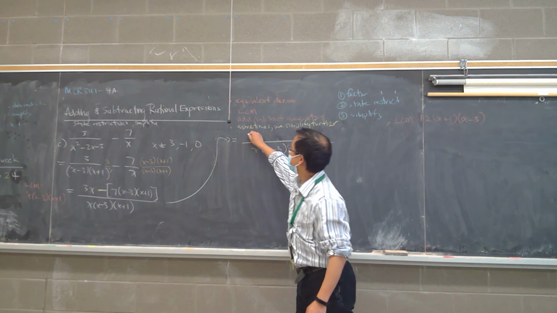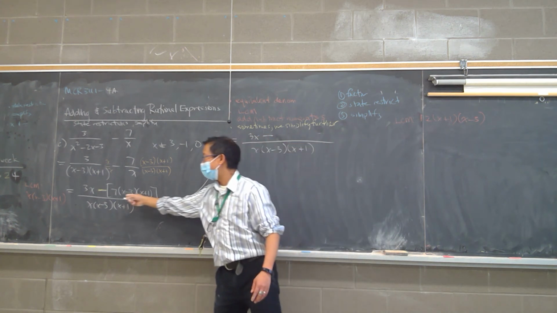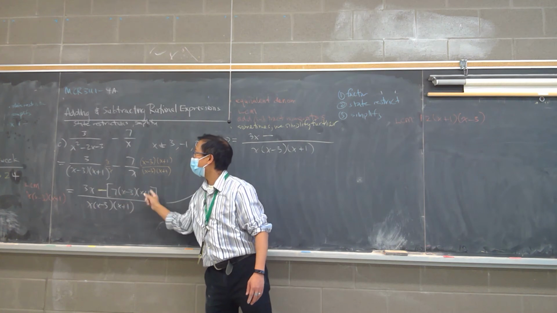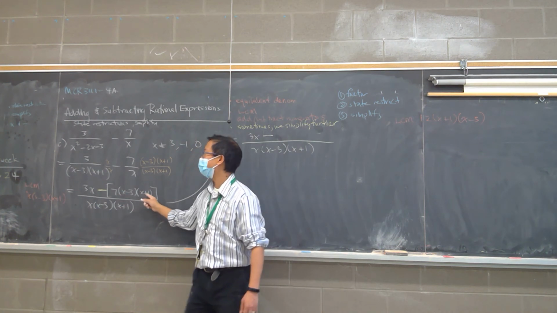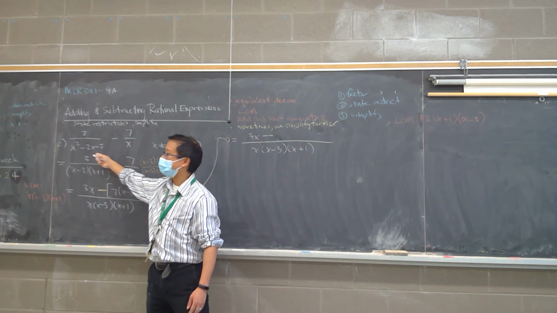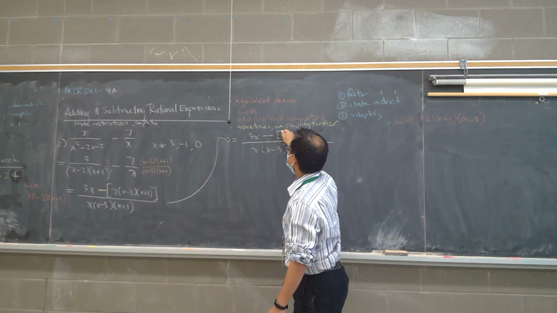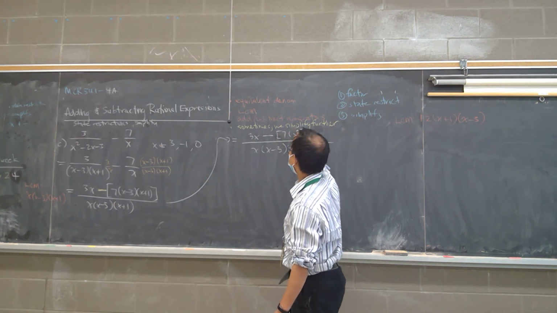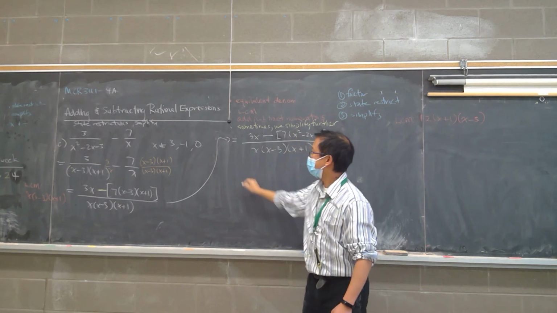So what we have is 3x minus, and watch what I'm going to do. I'm actually going to multiply this out. A lot of you already know what x minus 3 times x plus 1 is. X minus 3 times x plus 1 is x squared minus 2x minus 3. Exactly what Damien did. So technically, if you take this step here, this might make more sense.